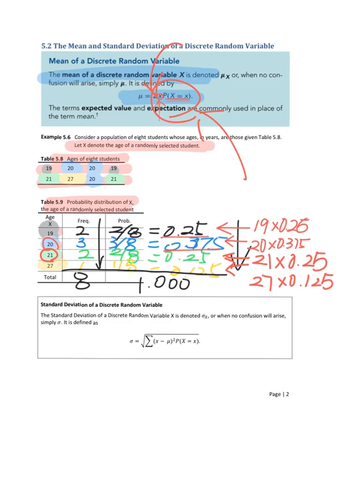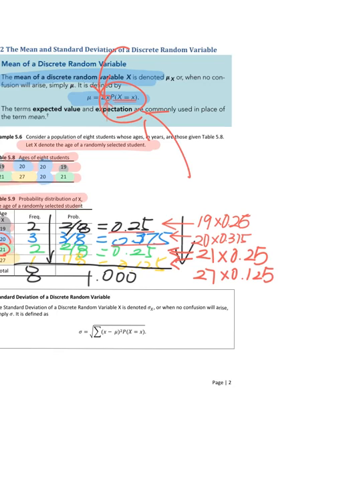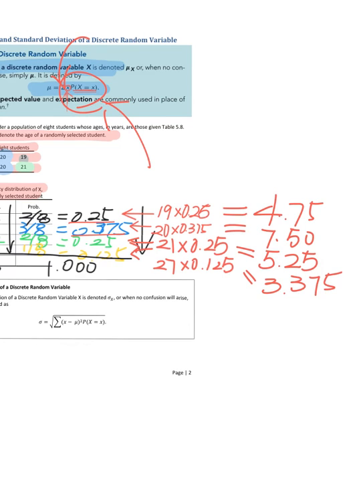So why don't you take the multiplication, please? 19 times 0.25. How much will it be? 4.75. How about the next one? 7.50. And the next one? 5.25. And the next one? 3.375.